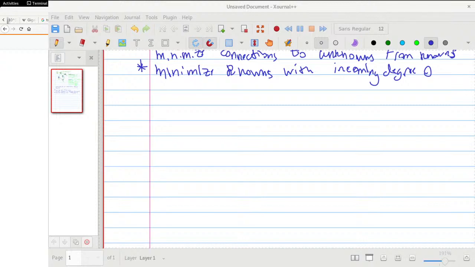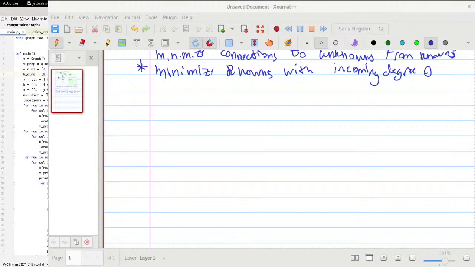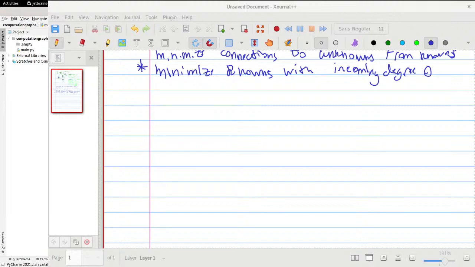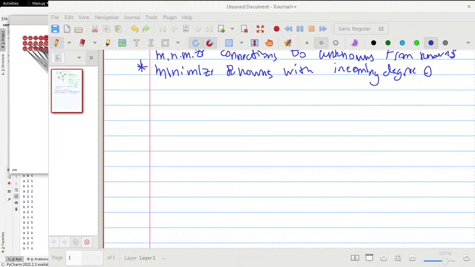The last thing I did since last time was I actually got this to work and be reasonable. Now you can see that it puts everything in a reasonable manner. So I have this graph, right?